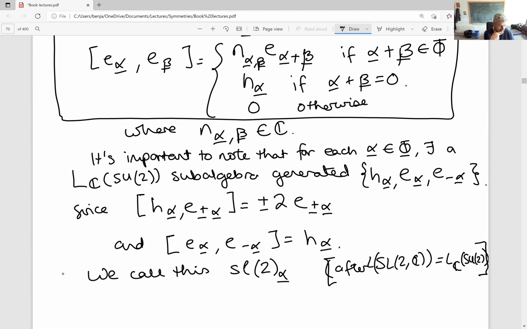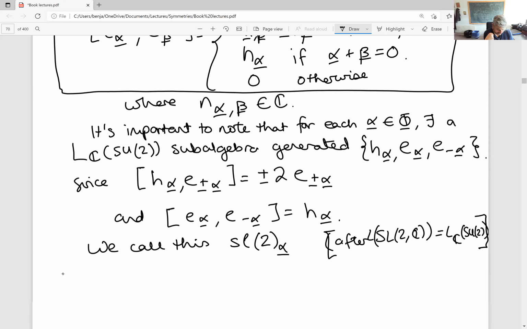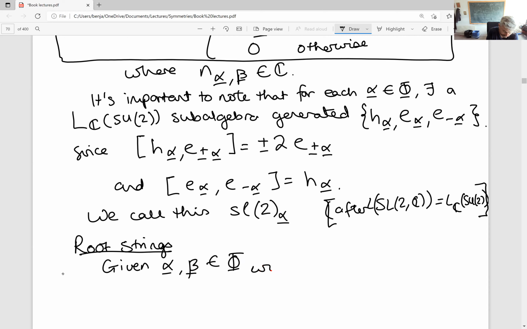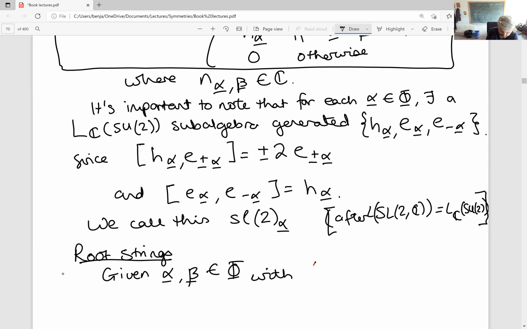All right, so we've just got one topic now before the end of the lecture, which I'll just introduce, and we'll carry on with it, developing it next time. And these are root strings. So given two roots in the root set, these are vectors in the root set with, well, let's say they're different ones.